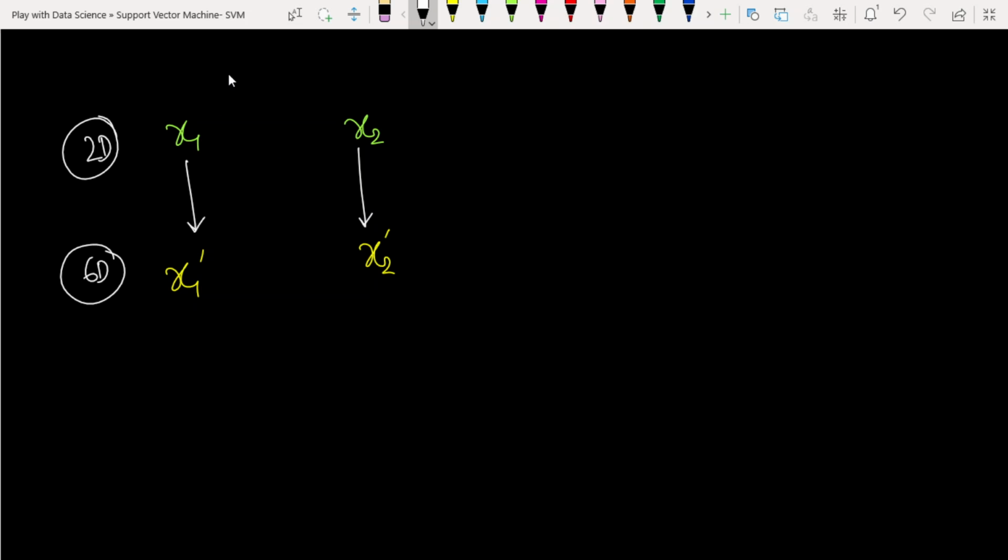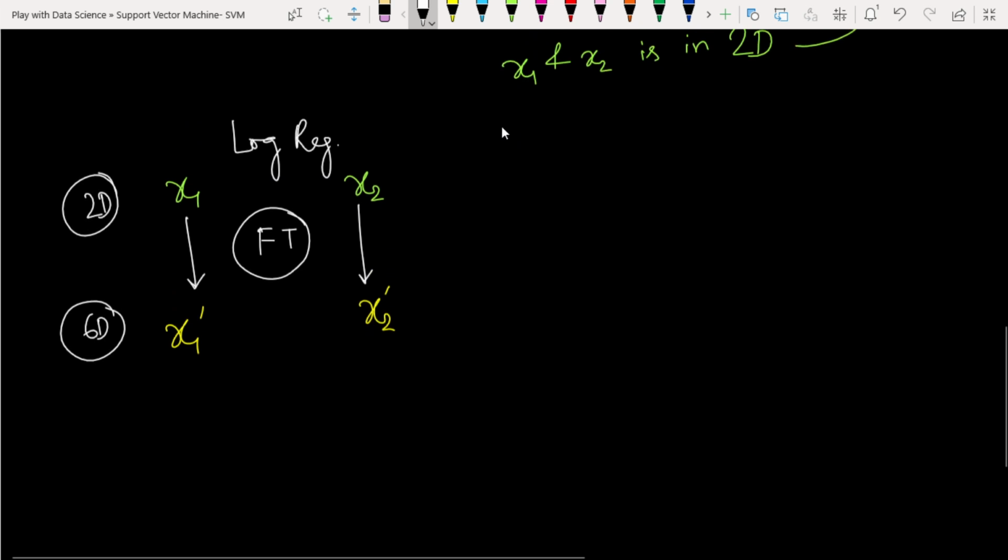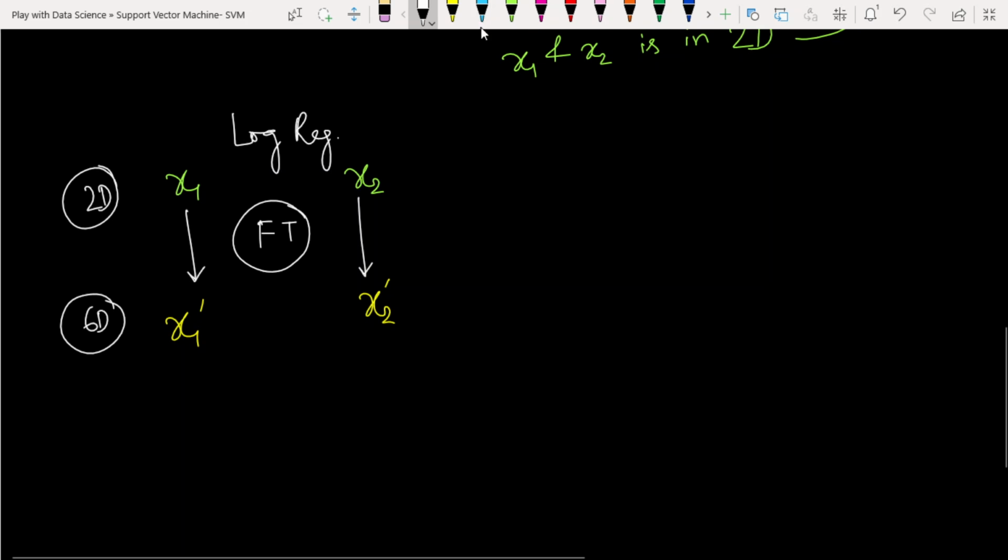For logistic regression, we transform this by using feature transformation or feature engineering, but in our SVM, here we are using the polynomial kernel.